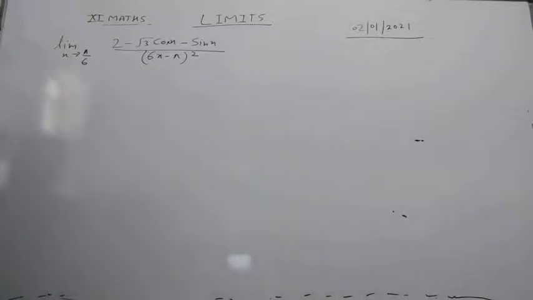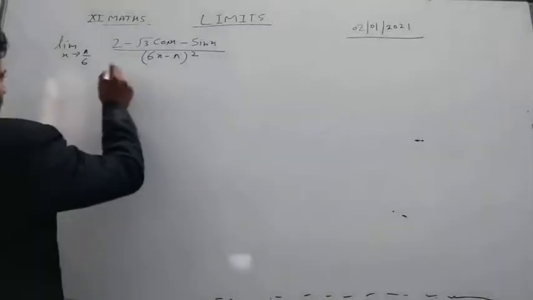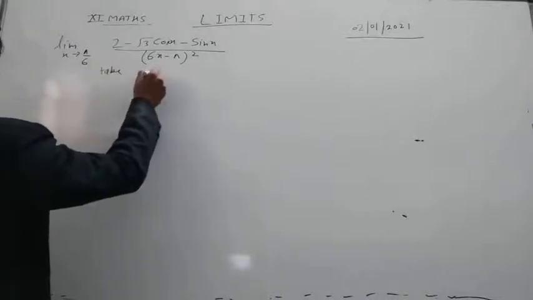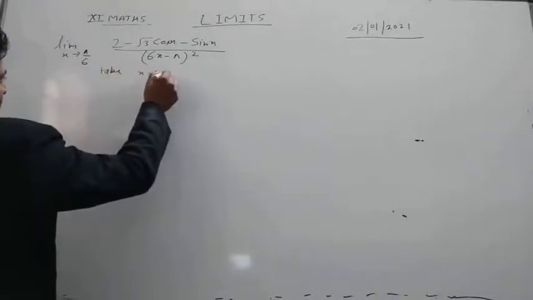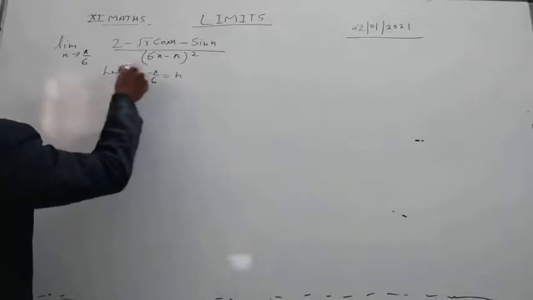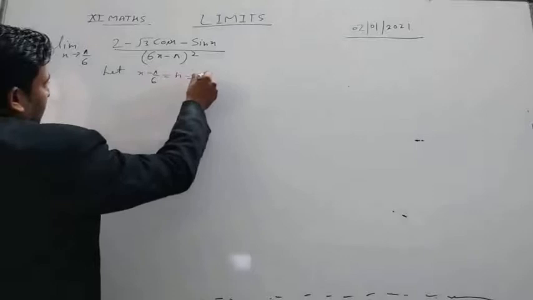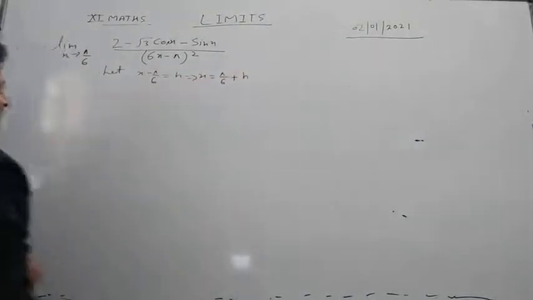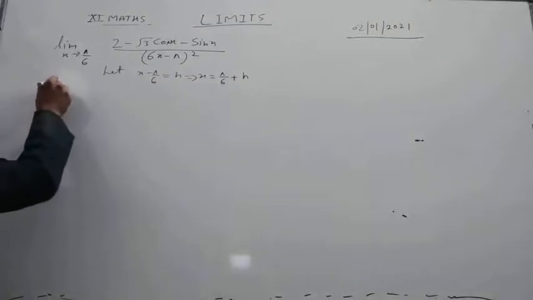Okay. So first of all, students, we will take x minus pi by 6 is equal to h. Let x is equal to pi by 6 plus h. So we will change the limit.